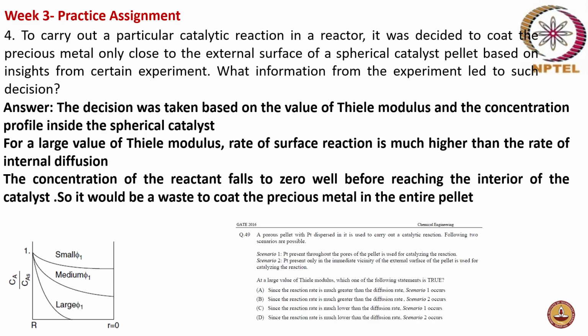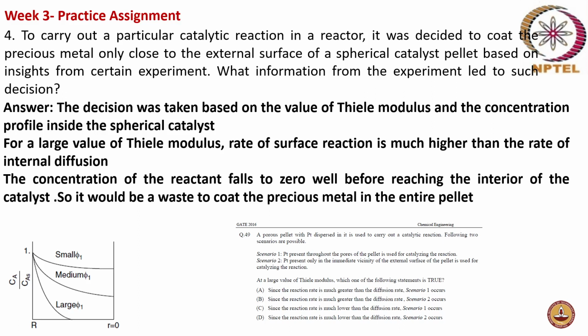Now, if you look into GATE 2016, a question very similar to the question we discussed now has been asked, with a slight reframing. They've asked: a porous pellet with platinum dispersed in it is used to carry out a catalytic reaction. The following two scenarios are possible.